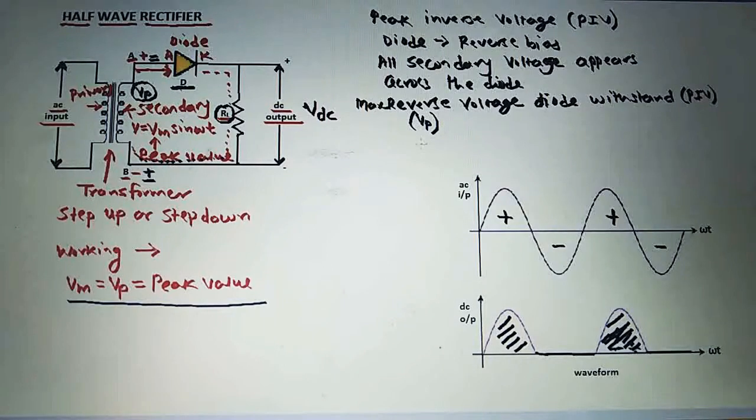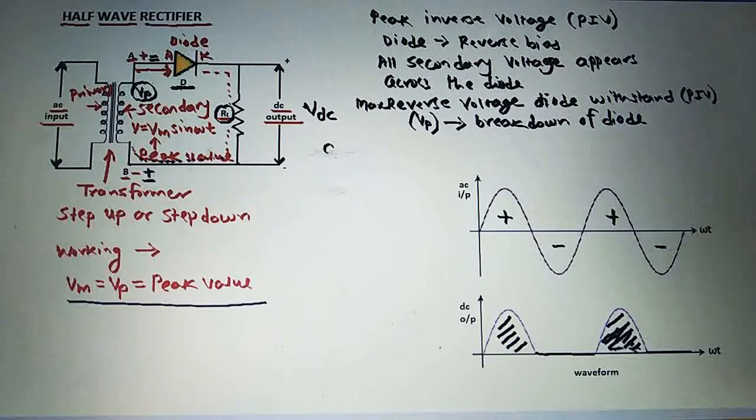It is the peak inverse voltage. At this peak inverse voltage, there is a possibility of breakdown of a diode.